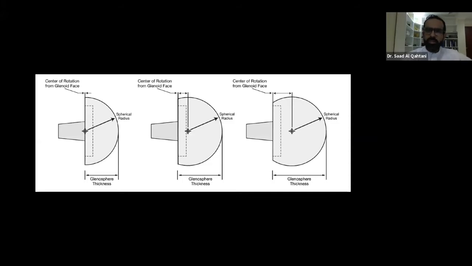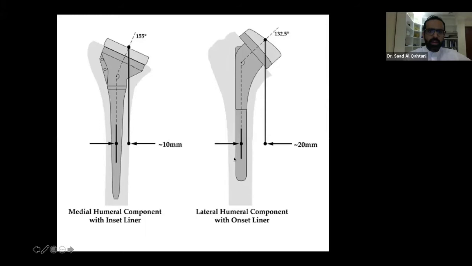The radius of curvature is the same, but the thickness of the glenosphere goes from half a circle into 2/3 or a bit more. When we talk about medial and lateral, we mean the long axis of the stem or the humerus and the deepest part of the polyethylene. Here it's 20, so it's lateralized, and here it's 10, so it's less than 15, so it's a medial humeral component design.